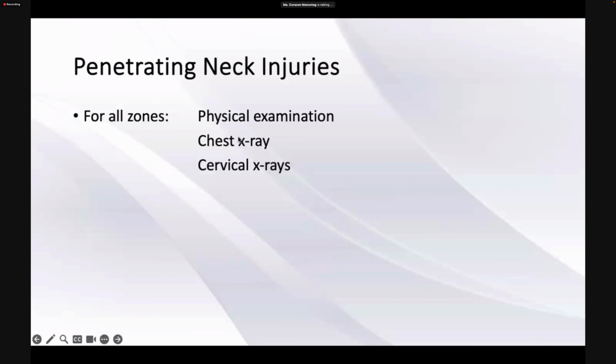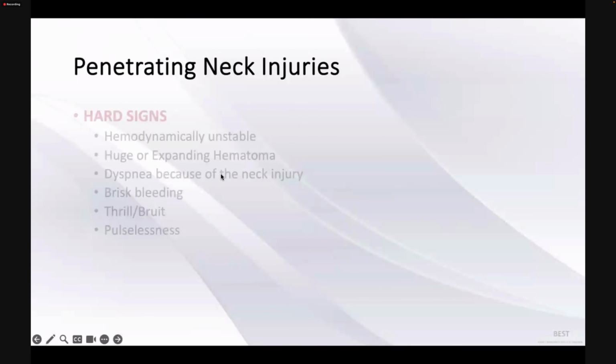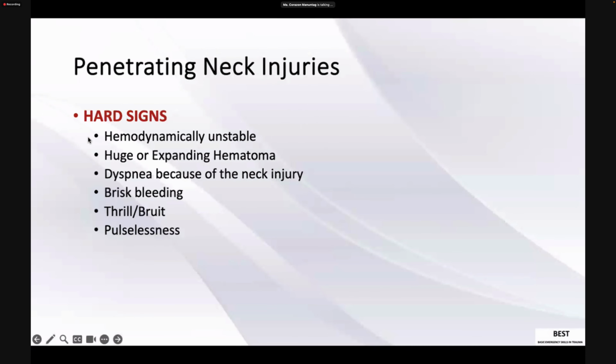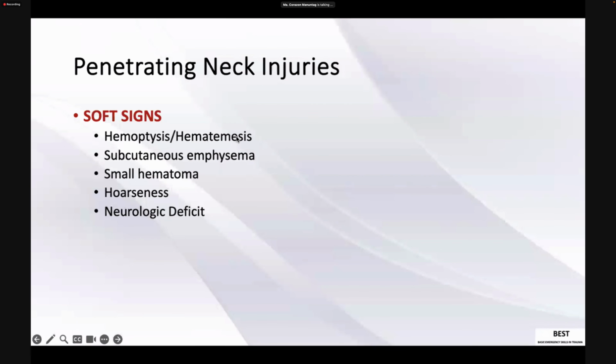For penetrating neck injuries, it is imperative that we do physical examination, chest x-rays, and cervical x-rays. Hard signs, ito yun, lagi nating tinatanong. Soft signs will be hematoma, hoarseness, and neurologic deficit.